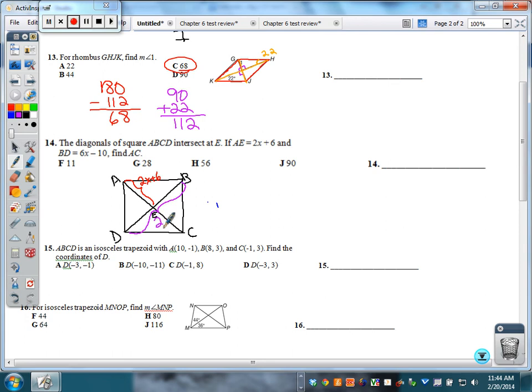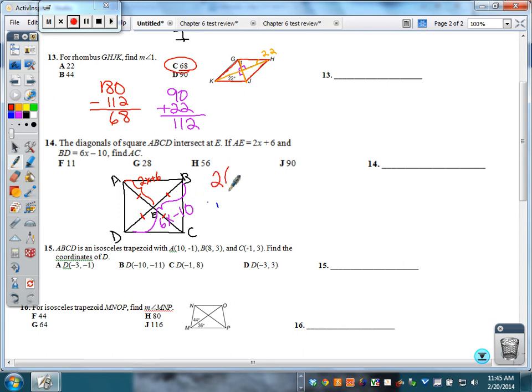Okay, that way we can see that if AE equals 2x plus 6 and BD equals 6x minus 10, then my diagonals create all four congruent parts. So then this 2x plus 6 is half of the whole, which is 6x minus 10.